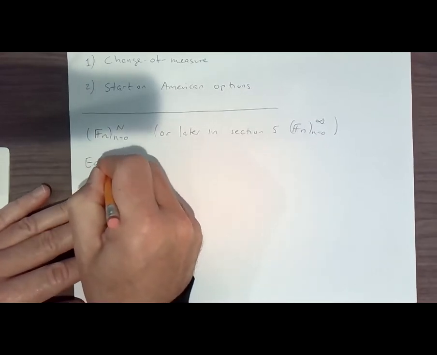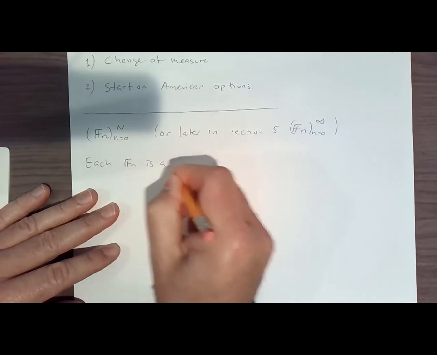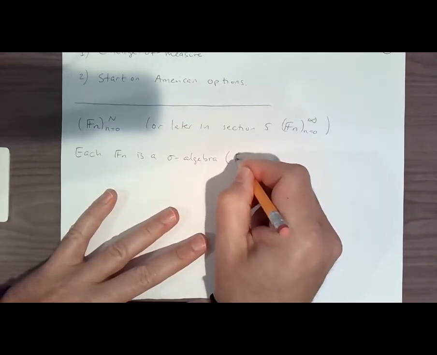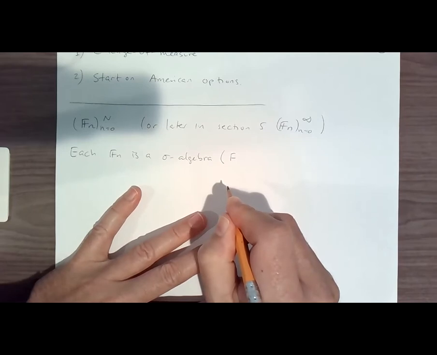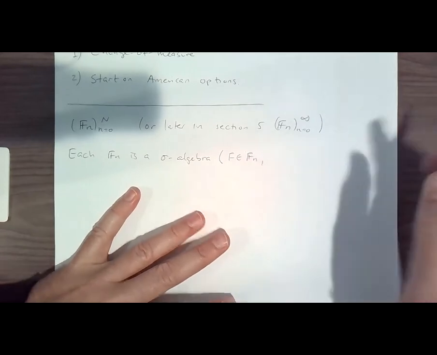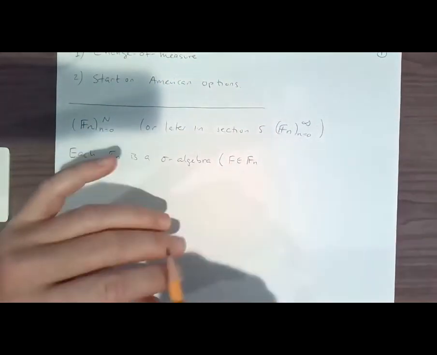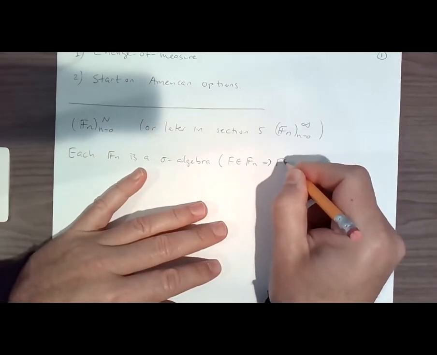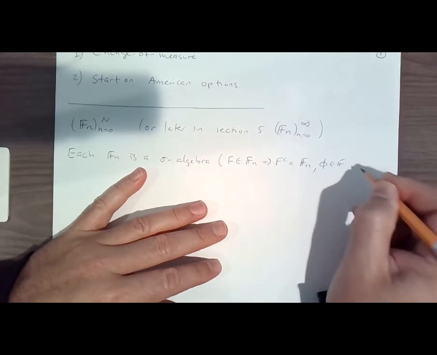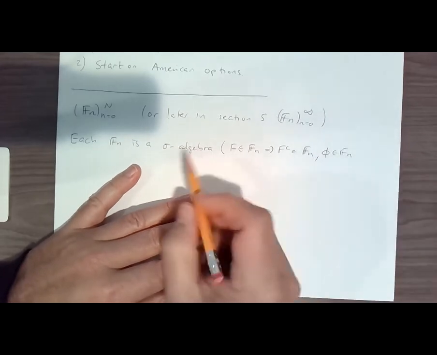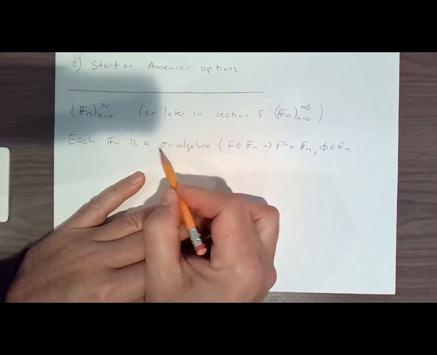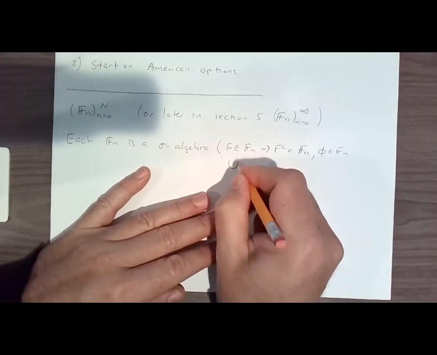Each Fn is a sigma algebra. So remember what that means. It says if you take a set inside the sigma algebra, then you're guaranteed that the complement is in there, the empty set is in there, and then the thing that the letter sigma comes from is this ability to take countable unions.